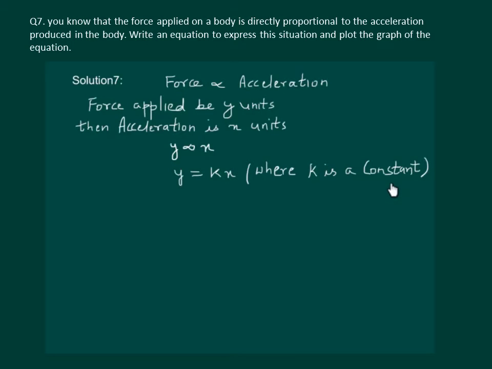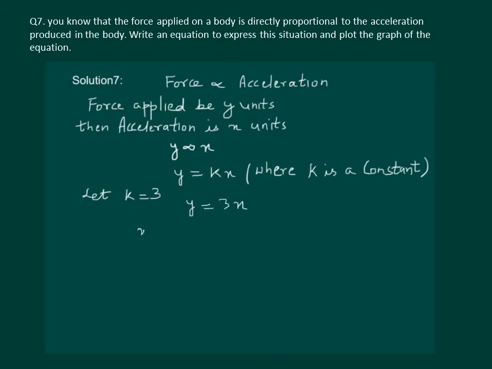Now, since we do not know the value of k, we cannot draw the precise graph of y is equal to kx. But if we take a certain value of k, then we can draw the graph. So let us take k is equal to 3. Then our equation becomes y is equal to 3x.